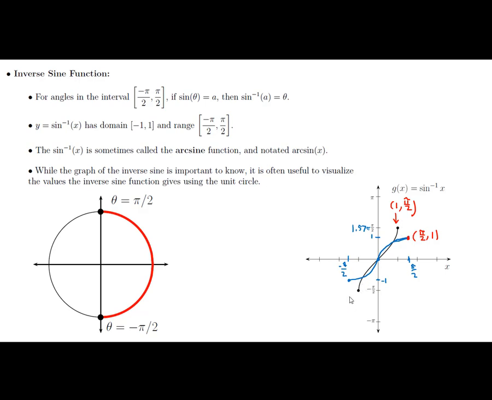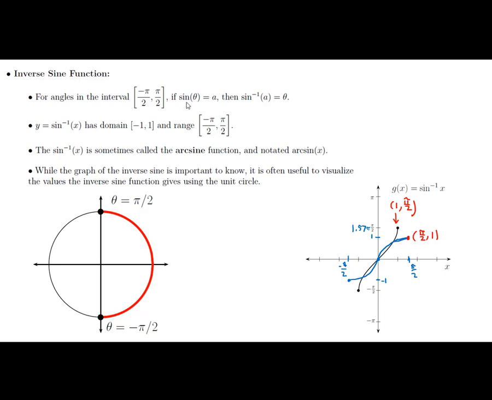Now for the most part, when you're working with inverse trig functions, you're probably not going to think a lot about the graph. What's a lot more useful is to think about the range of angles that the inverse spits out. The important part to understand here is that when you take the sine of an angle, it gives you the y value on the unit circle, right?